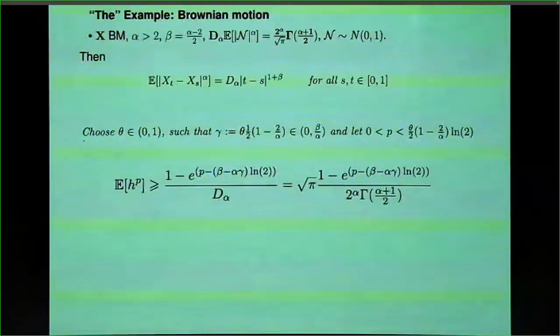Okay, so the example is of course Brownian motion, where you actually have an equality here. Here we have the alpha-th moment of the standard normals, and here you can say that the moment of h, the length of the Hölder exponent, has a lower bound which can be calculated explicitly.